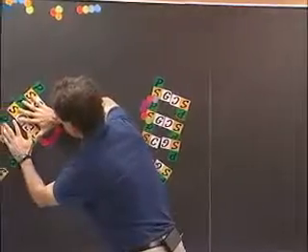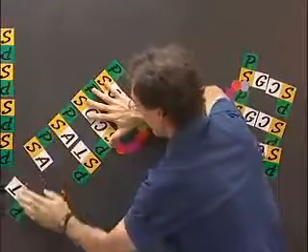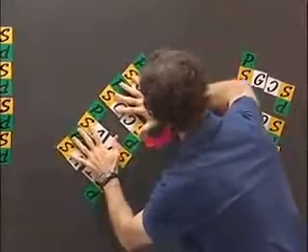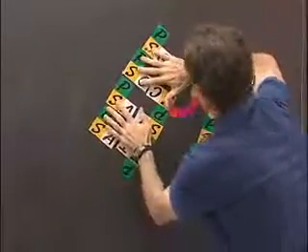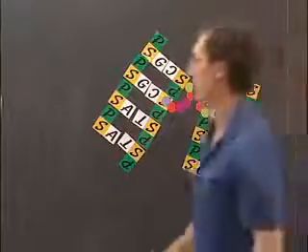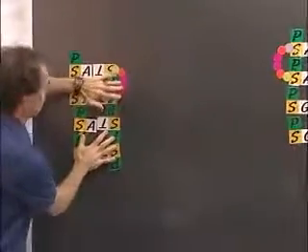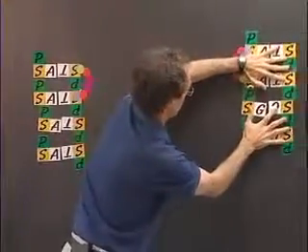Now you can see that part's a little tricky. I didn't want to do that together. And like so. And the key there is they're still attached, right? And now here, and here.